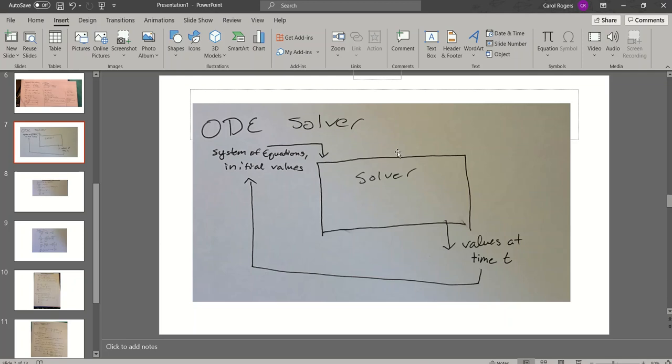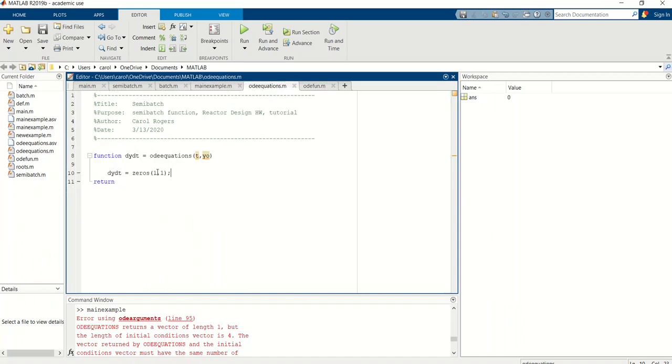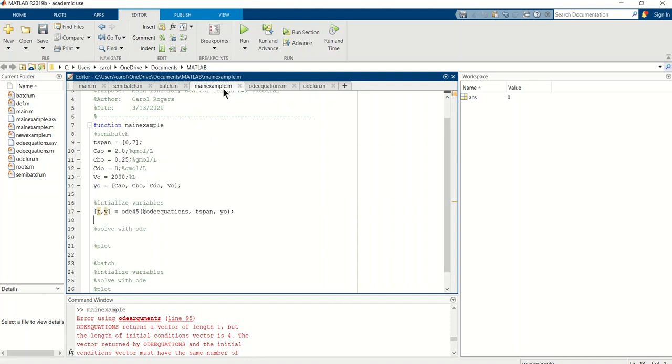So what we did was give it 4 initial values, and then it solved those and outputted 1 value, and then it tried to use this new value as the new initial value. And that doesn't work. So we're going to change our ODE equations here, and we know that it needs to have 4 now. So now whenever we run it, in theory, it should work.